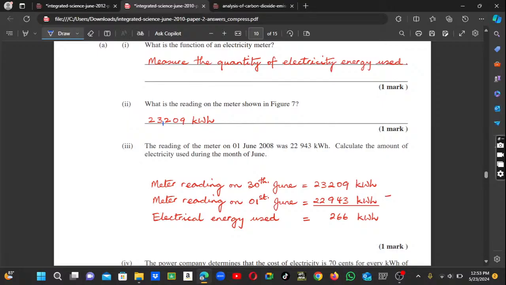Let me just do some calculations here. Just a moment, guys. Between the meter readings, we need to calculate the amount that has been used. So I think we're going to take away. Let me see something, because it's not divided. Let me see.